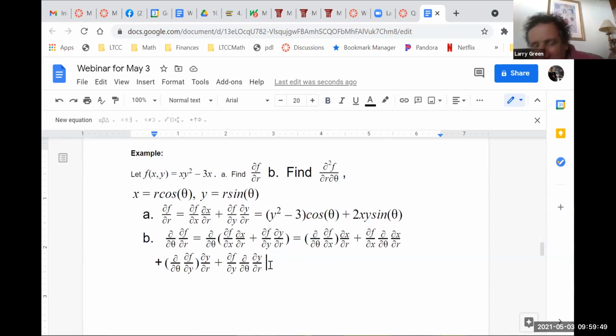Okay, I think I'm just going to say it instead of type it. It takes forever to type and I don't want to run out of time. So, which isn't too bad. Del over del theta of del f del x. To do that, what do I have to use?